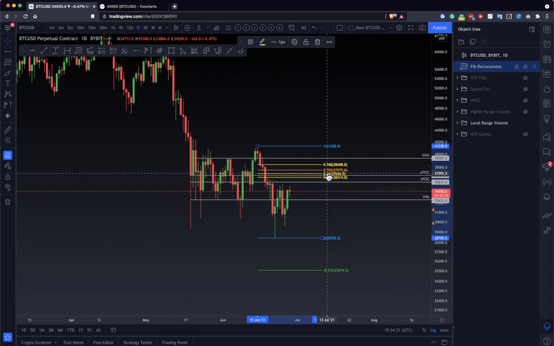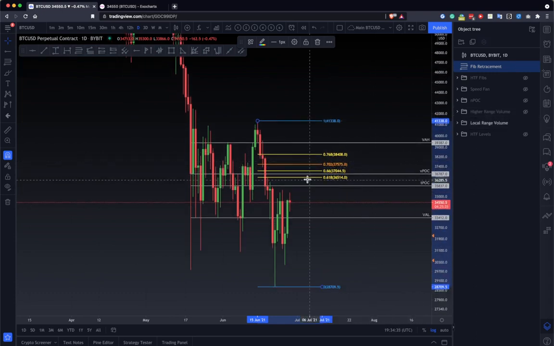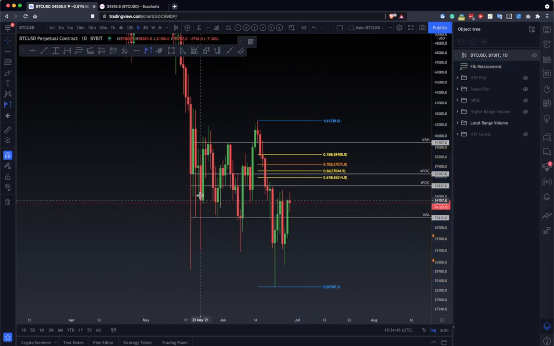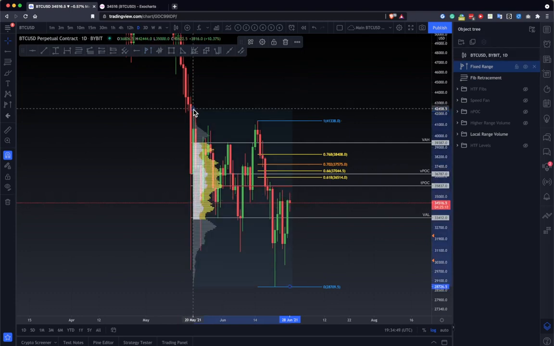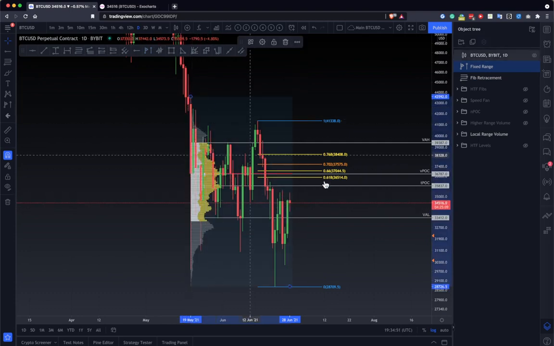For example, you have the volume point of control of this range here. This can obviously be a nice short opportunity, but as I said, you have to prepare your plan.